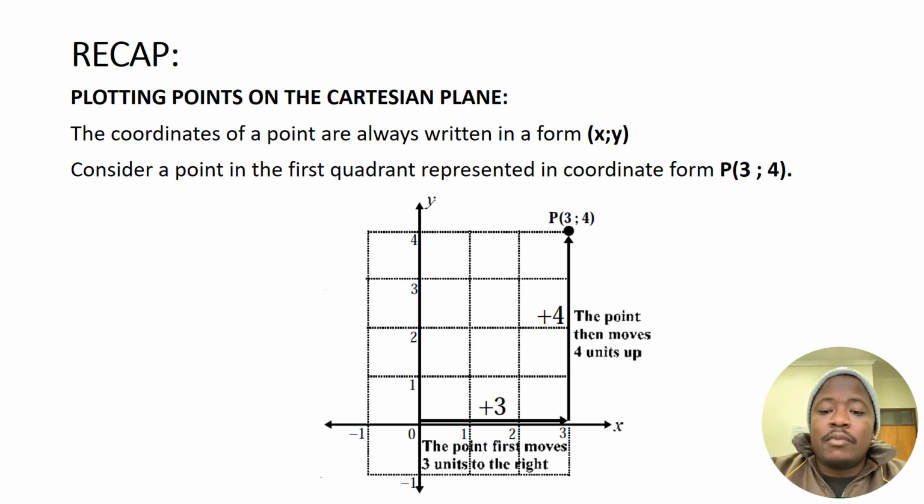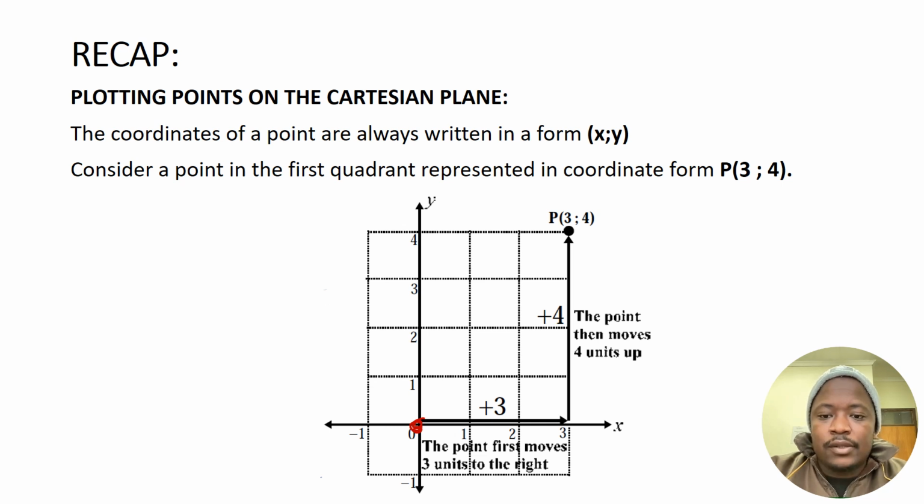Now let us remind ourselves how to plot a certain point. Let us look at point P, which is (3; 4). We said in our last presentation that we will always start from the center, from the origin. Remember that where the two axes meet, we call that point the origin.